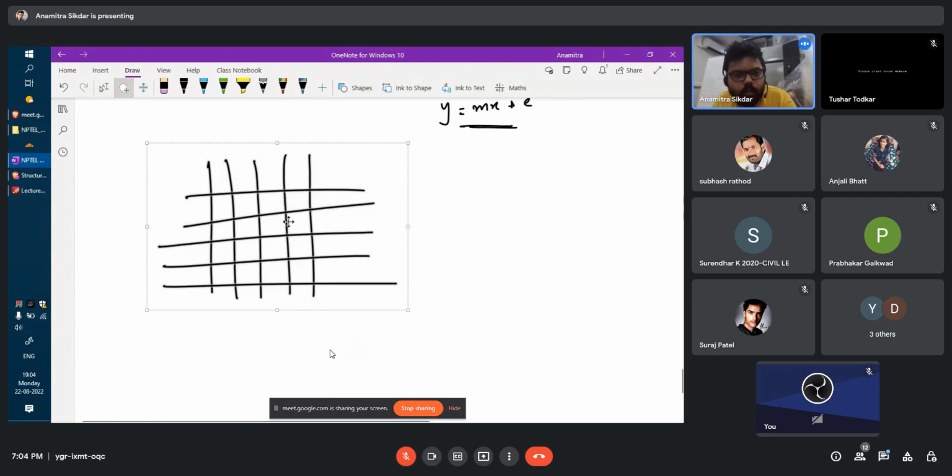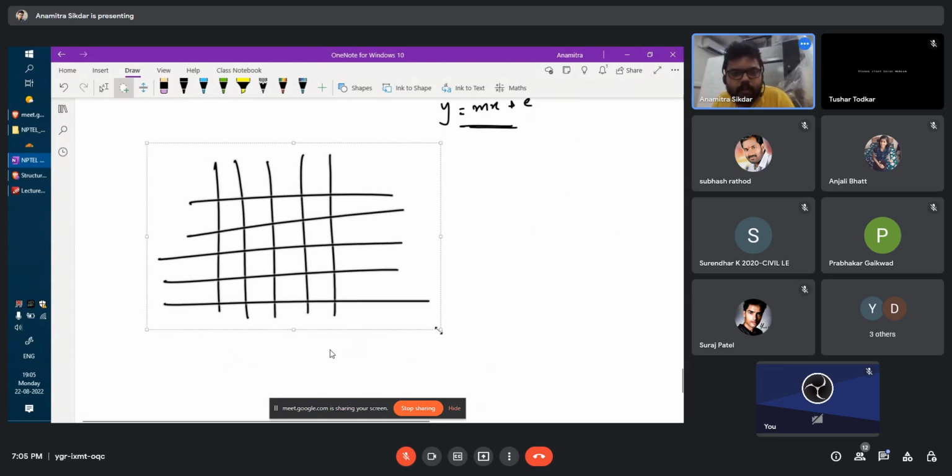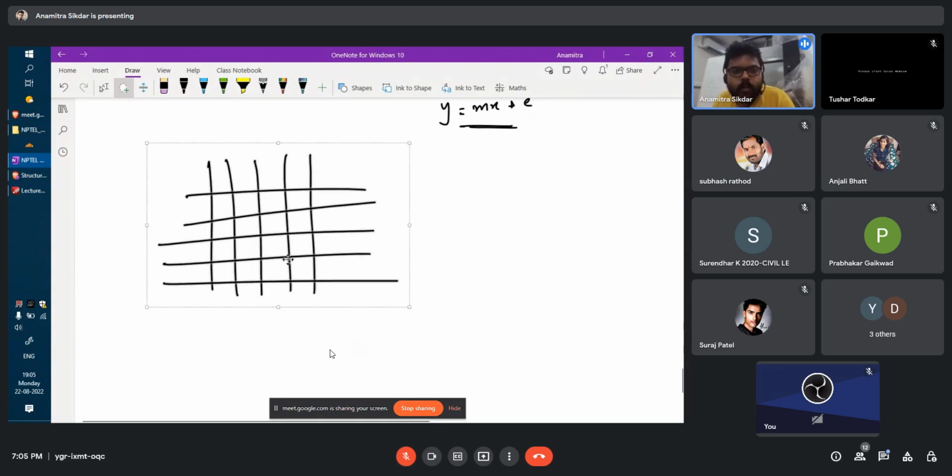So what will happen? No direction will change. If you only increase that, no direction will change, right? There is no rotation involved. So any possible direction will be the eigenvector, right?